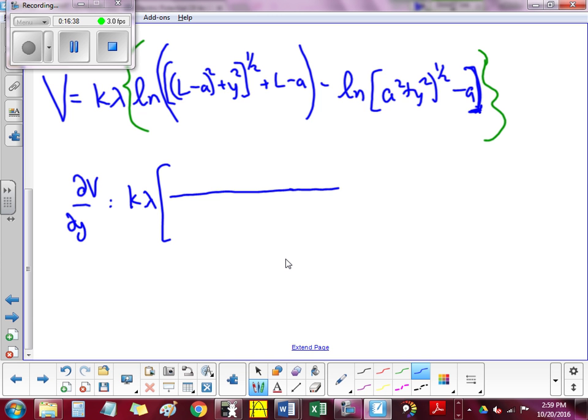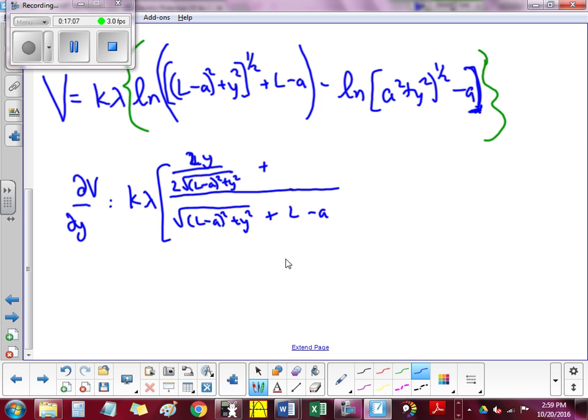So it's going to be basically the square root of (L minus a) squared plus y squared, plus L minus a. And then the numerator, the derivative, is 1 over 2 square root of (L minus a) squared plus y squared, times 2y, plus L minus a.